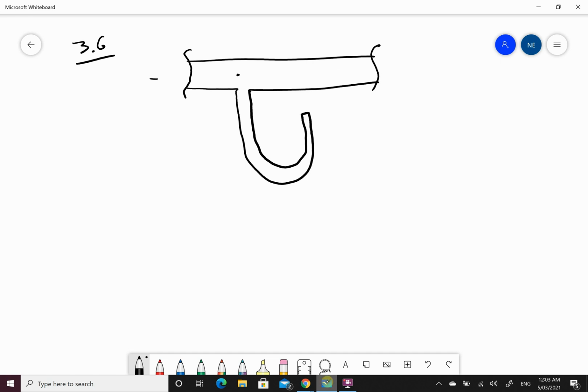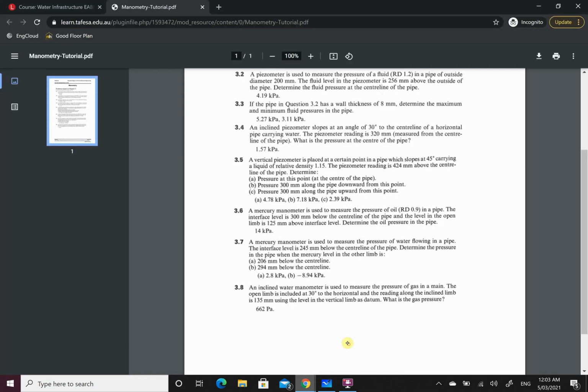Some point up here in the center line, I have a pressure P. Below that, I have 300 mil, where the interface is 300 millimeters. Then I have 125 in the open limb.